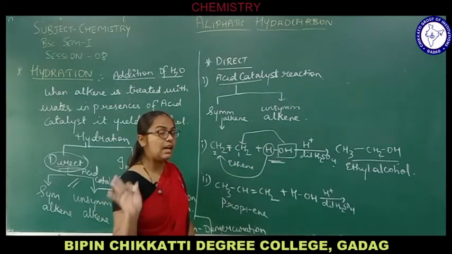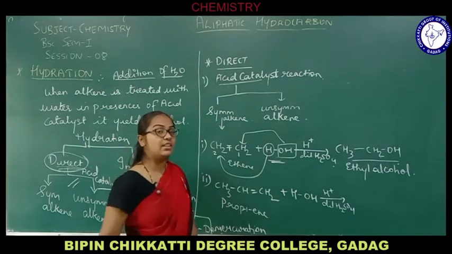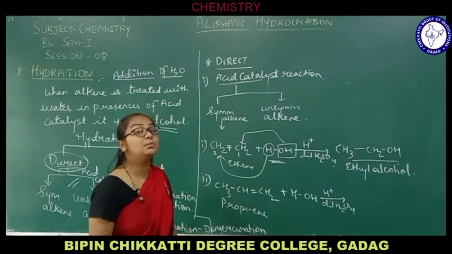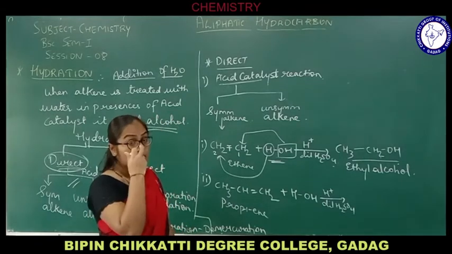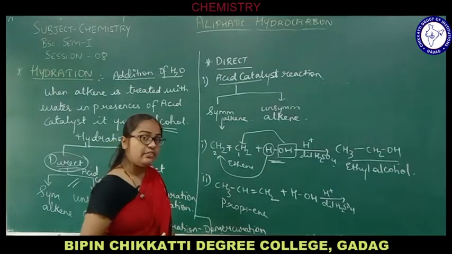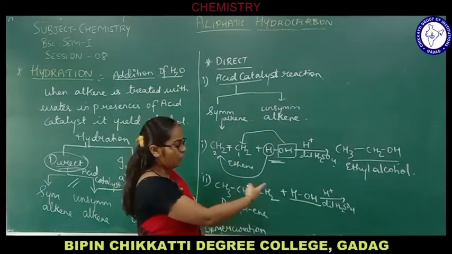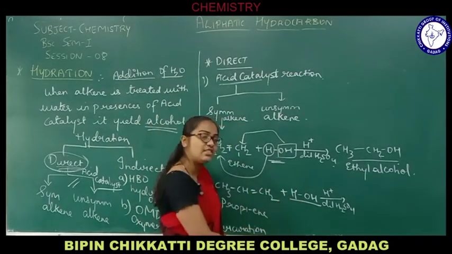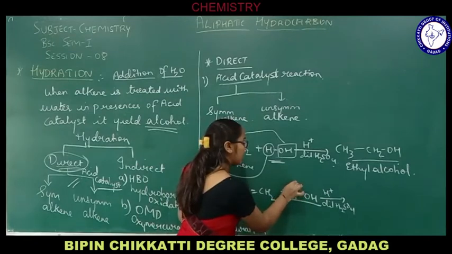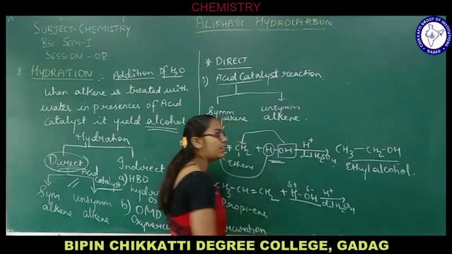But this is not applicable for unsymmetrical alkenes. For unsymmetrical alkene, there is a rule called Markovnikov rule, which we studied in session number 6. Water is an unsymmetrical reagent consisting of hydrogen and hydroxyl, because hydrogen carries positive charge and hydroxyl carries negative charge, del positive and del negative.